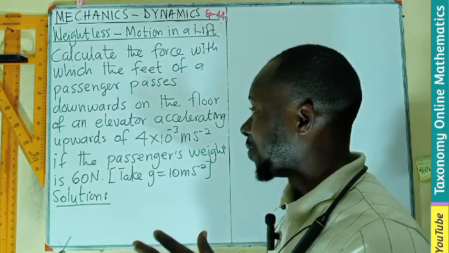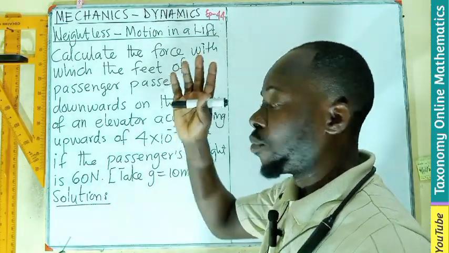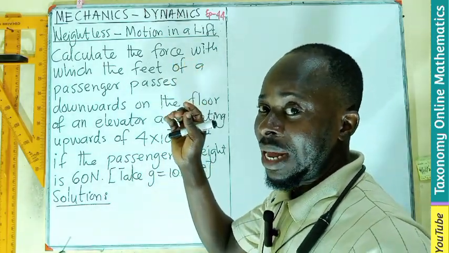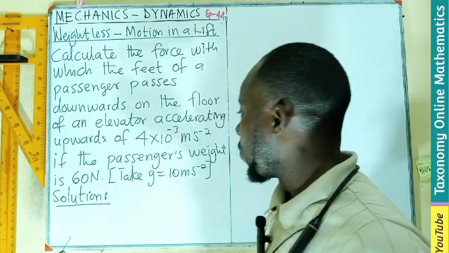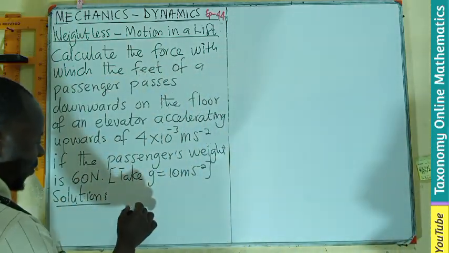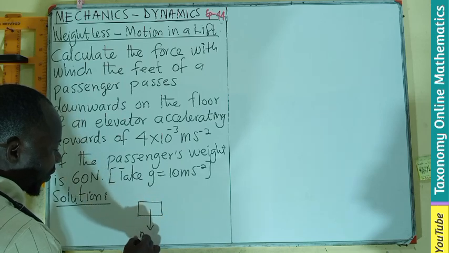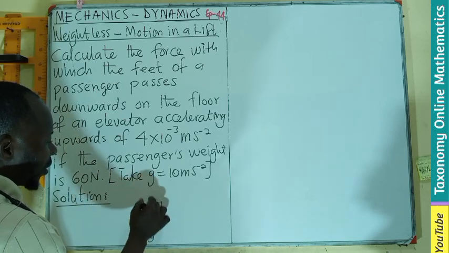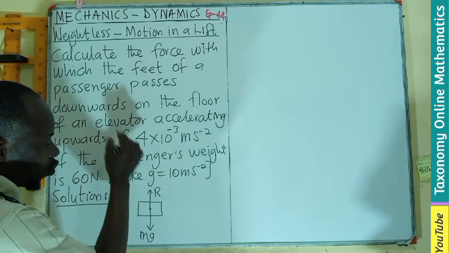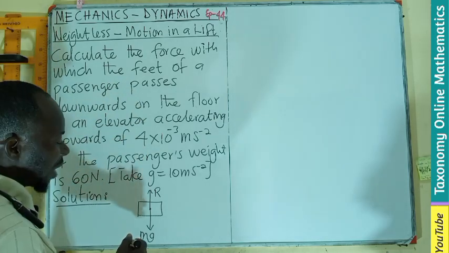So if we are dealing with an elevator which is moving upward, we know that the weight of the person will be acting what? Downward. By a sketch from the previous episode, we know that the apparent weight, which is the normal reaction, will be acting upward.